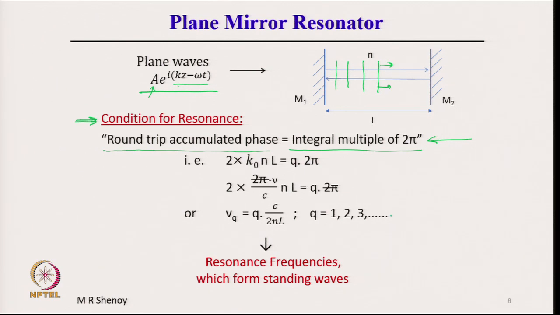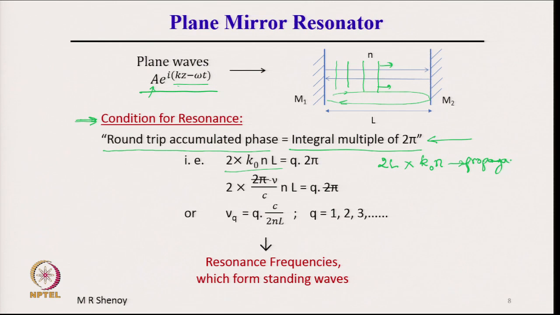Now, for the plane mirror resonator, the round trip covers a distance 2L, that is back and forth. So, the phase accumulated is 2L multiplied by the phase constant k0 and the refractive index n of the medium. So, twice k0 nL is the propagation phase.